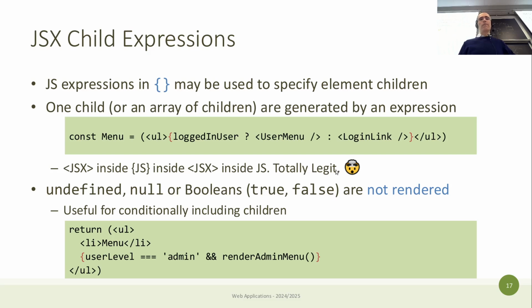Totally fine, okay? Remember just that undefined, null or boolean values are not rendered. I mean, there's no way of rendering such values, okay? If you want to show a number, you need to have a number. If you want to show a string, you need to have a string. And if you have a component, React will call the function of the component, will have a return value, and on the basis of the return value, we decide what to show, okay?